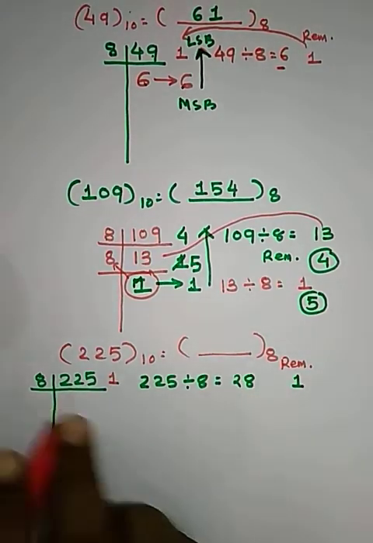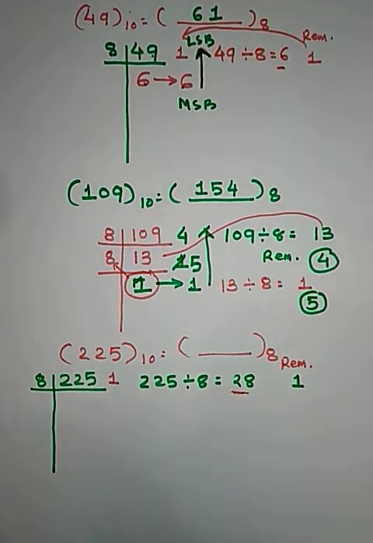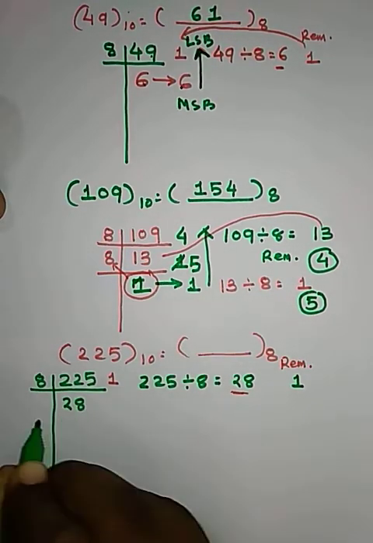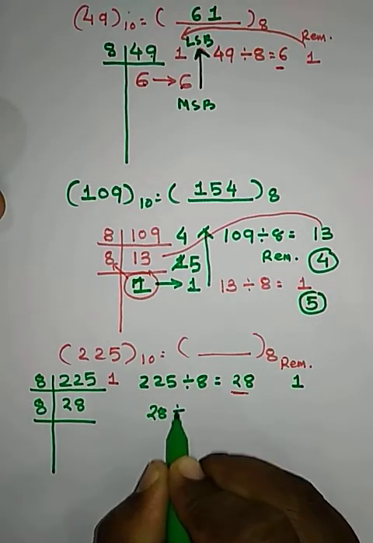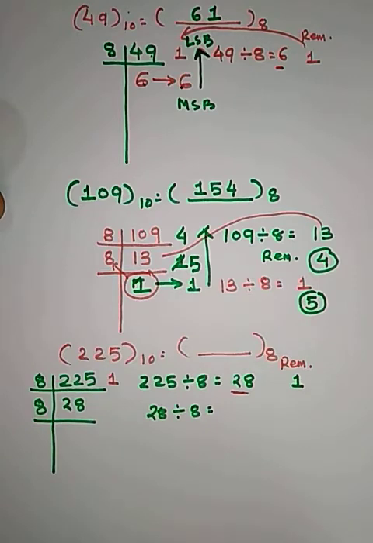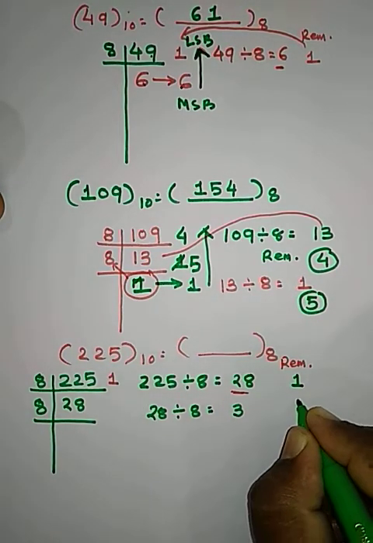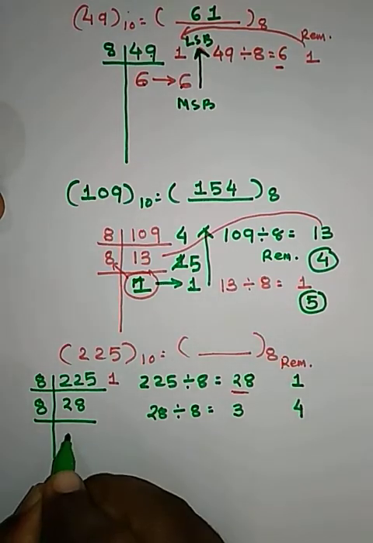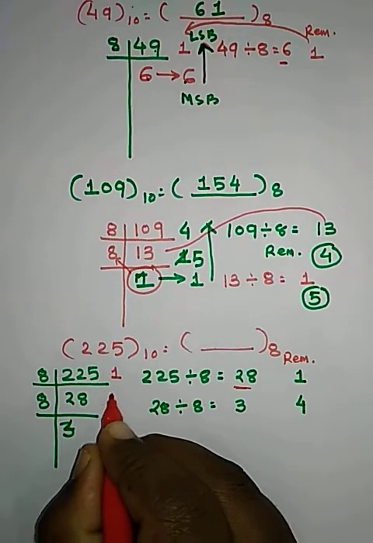This 28 is to be written here. So put here 28. Here is an 8. Again 28 divided by 8. How many? 3. What is the remainder? 4. So here is a 3, remainder 4.